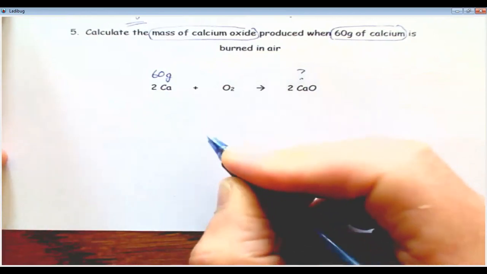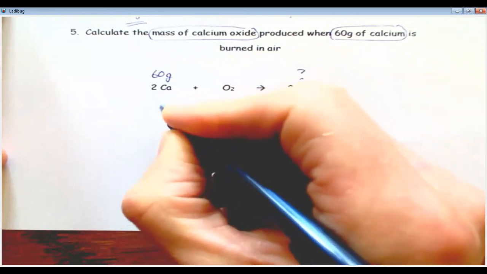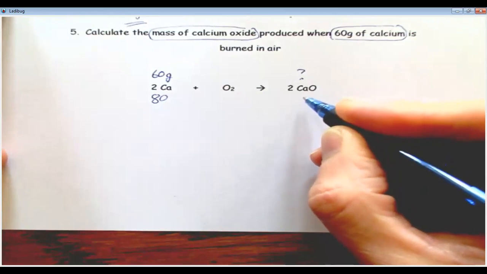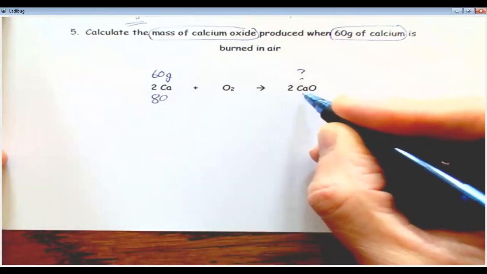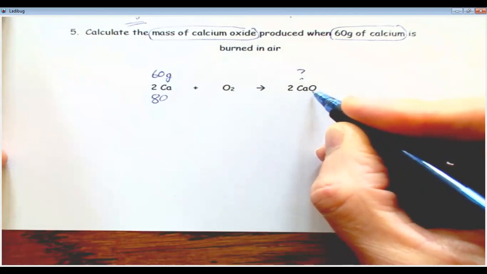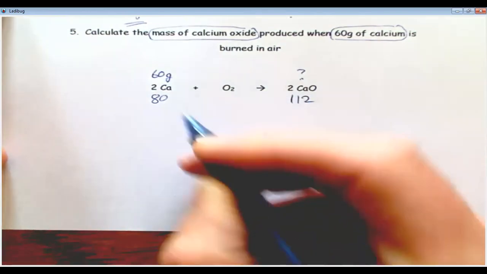Put the mass numbers underneath. Remember the balance numbers. This is 2 times 40, so this is 80. And then again, we'll have to do the same process here. 2 times calcium oxide is 40, plus 16 is 56, double it, make 112.